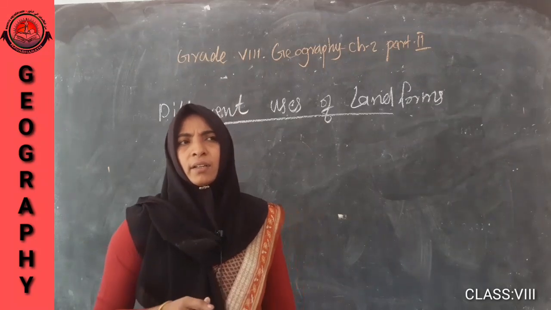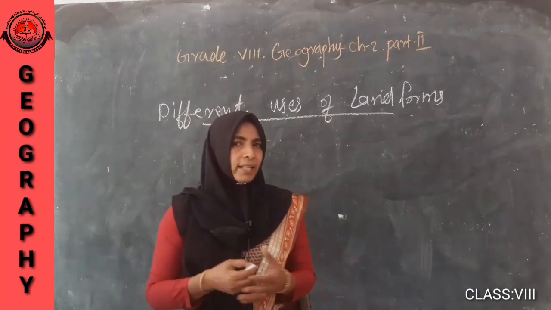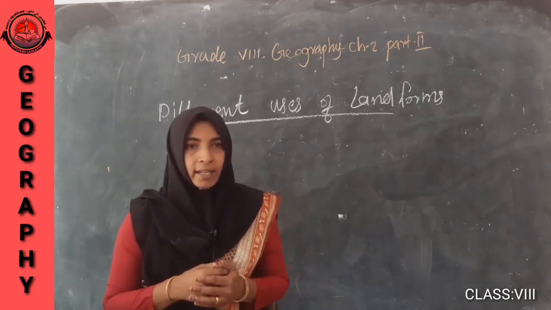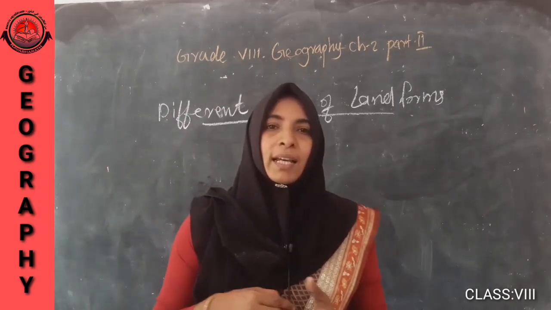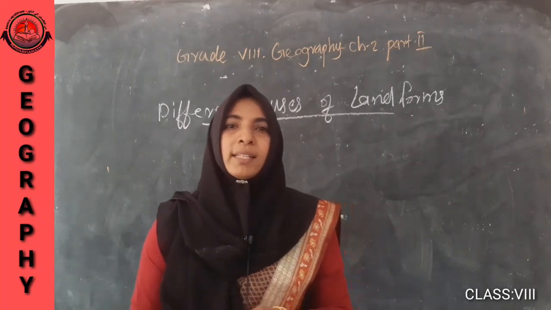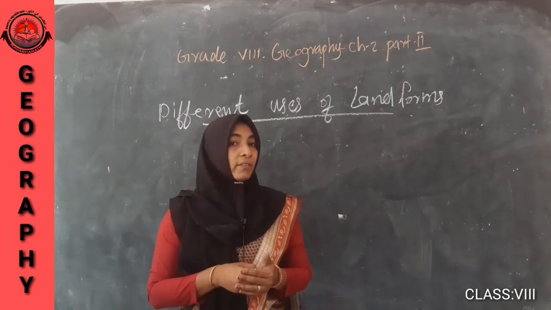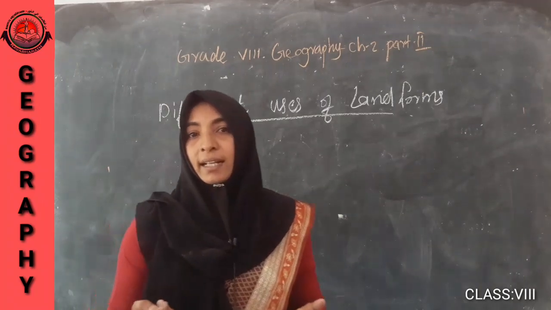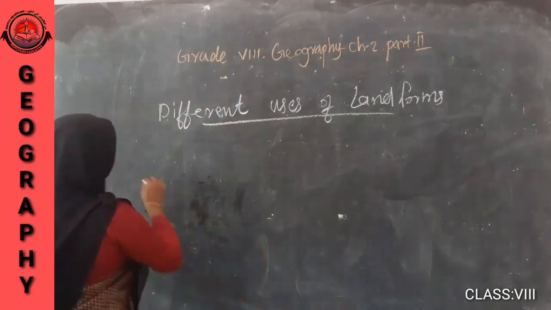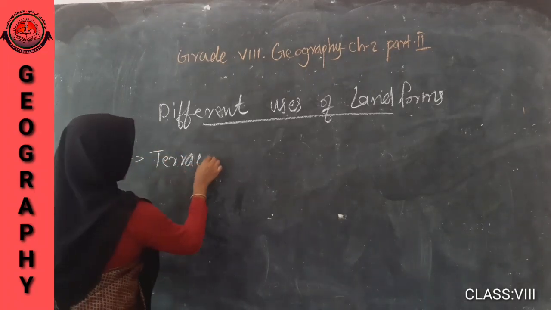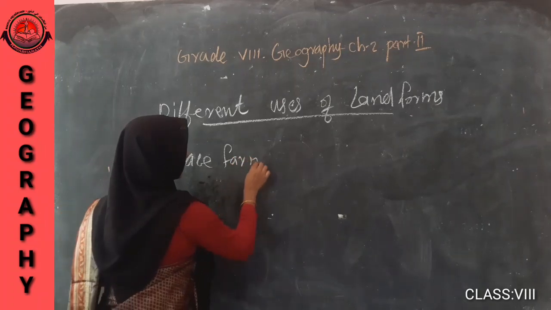Listen, which are the commonly used ones? First we can take mountains and hills. Which are the uses of mountains and hills? There we can practice terrace farming.